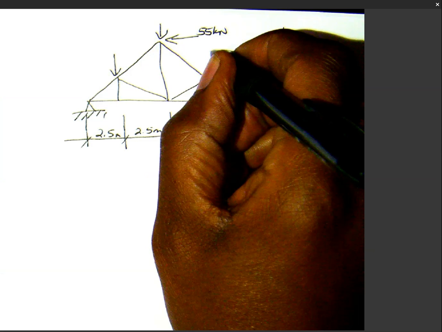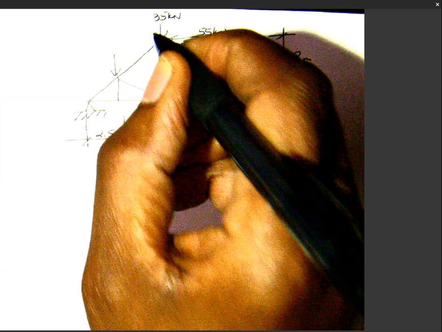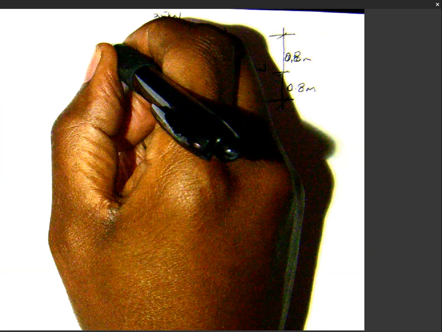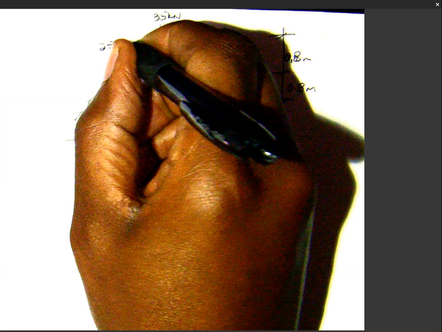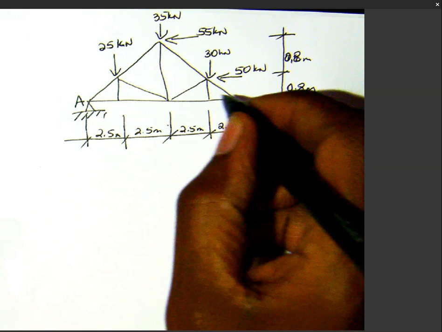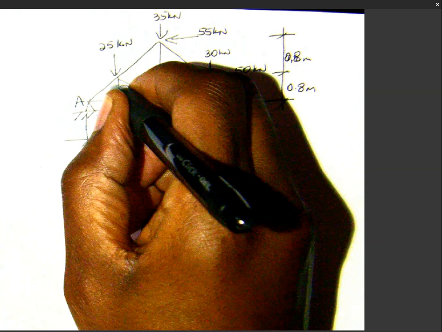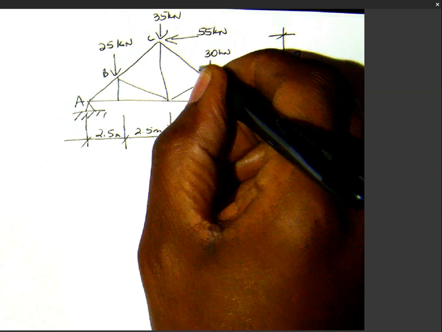I'm going to say 30 kilonewtons, 35 kilonewtons, as I say, 25 kilonewtons. A, B, C, D, E, F, G, H.